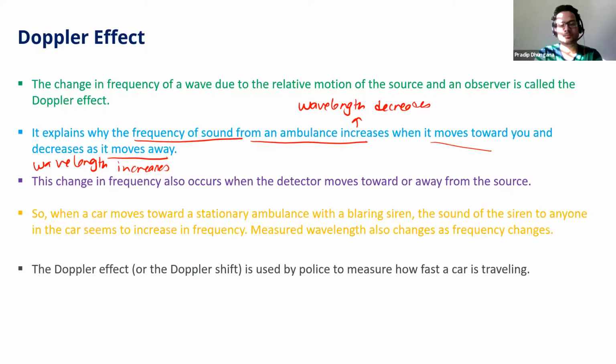This Doppler effect or Doppler shift is used by police officers to measure how fast a car is traveling. They measure frequency and wavelength and calculate the speed of your car.